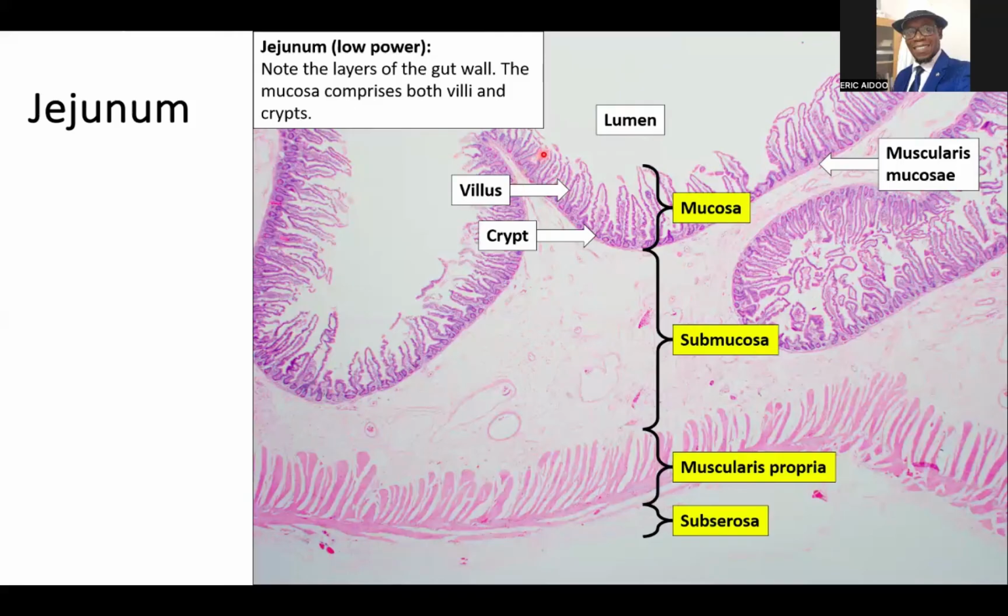So again, don't confuse yourself with microvilli, villi, and the plicae circulares. The plicae circulares will have the submucosa core together with the mucosa. Then the villus will be just the mucosa, and the microvilli will be extensions on top of the enterocytes or the simple columnar cells.